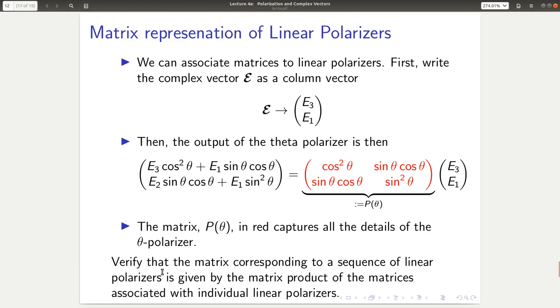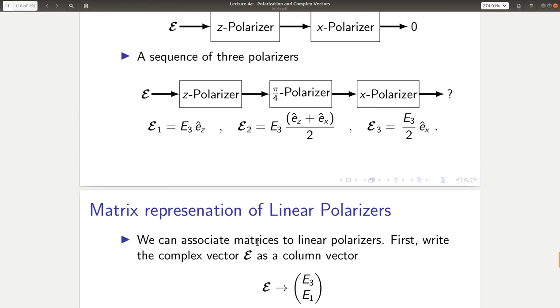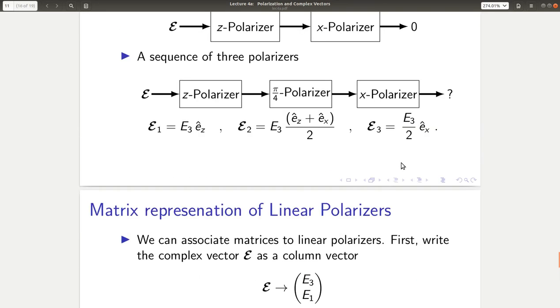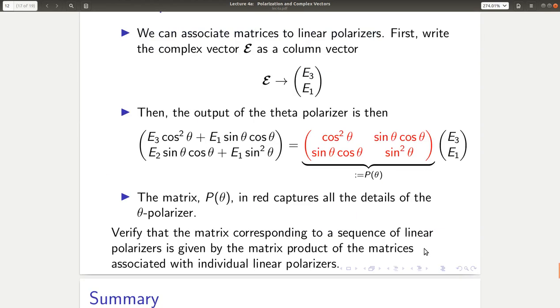Now the question to ask is, what about the cases when you have sequences of polarizers like here? The first exercise for you, of course, is to write out the matrices for each of these polarizers, and let's call them P1, P2, and P3. The exercise is to check that the final answer you get here can be written as the matrix product of the various matrices.